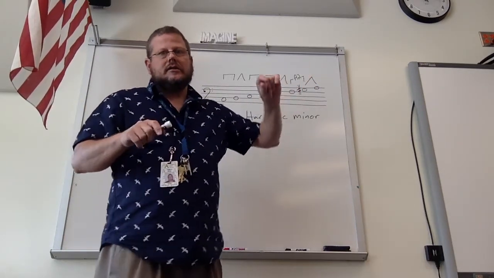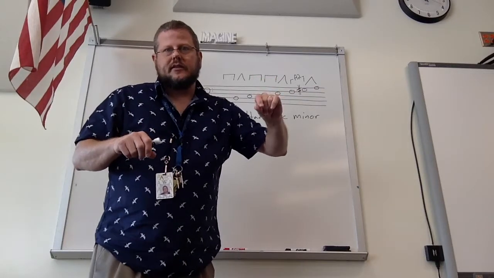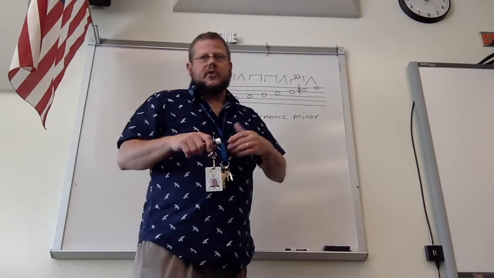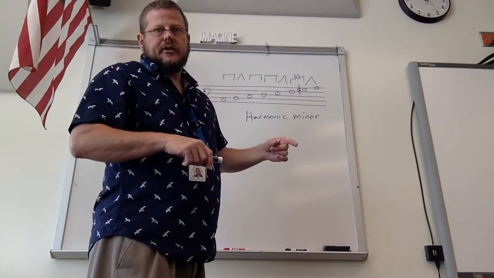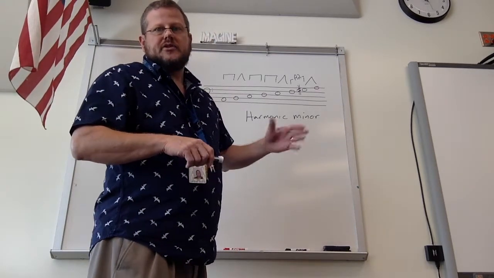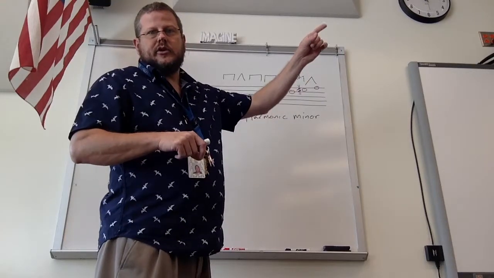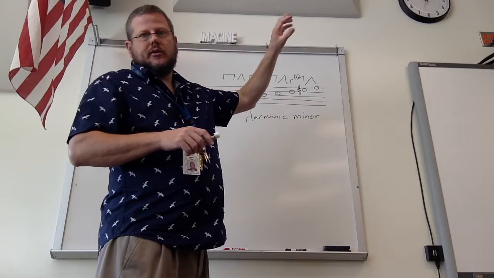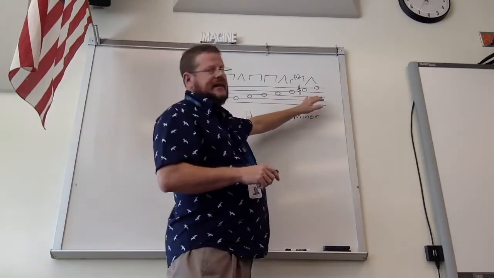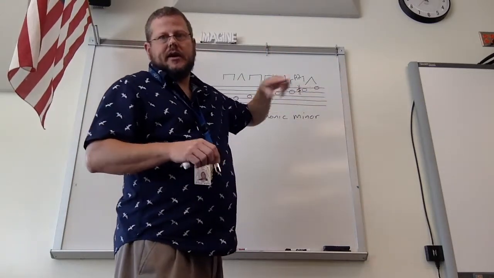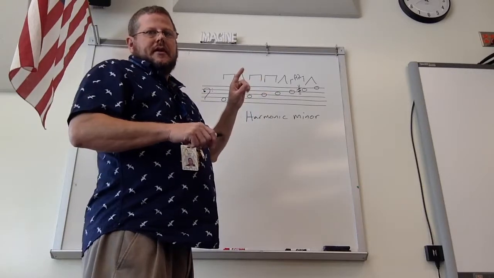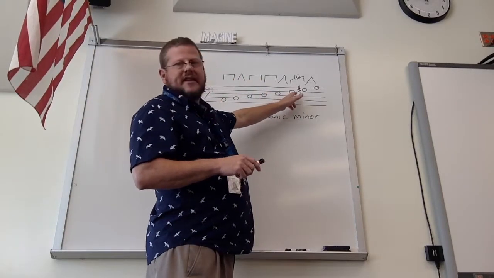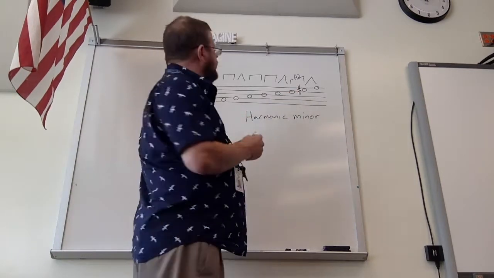Composers were like, well, the augmented second sounds a little funky. We like to smooth that out. So to smooth it out, especially on the way up the scale, when you're getting from the 6th degree to the leading tone, in this case F to G sharp, if we're singing La-based minor, composers started raising the 6th degree also.